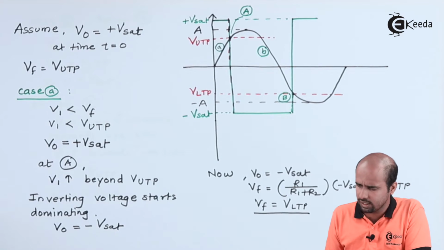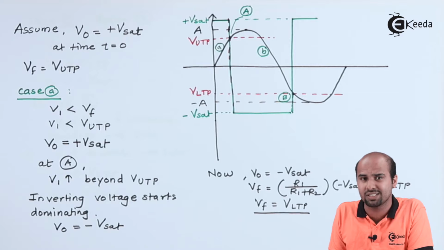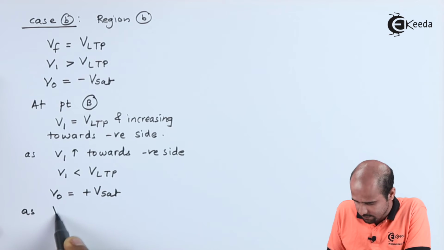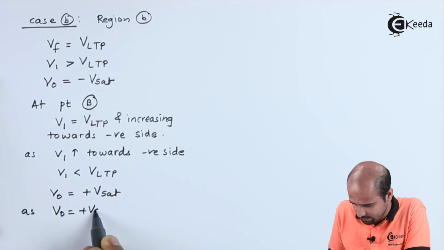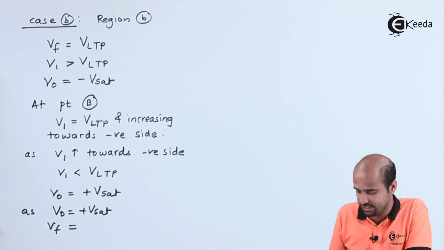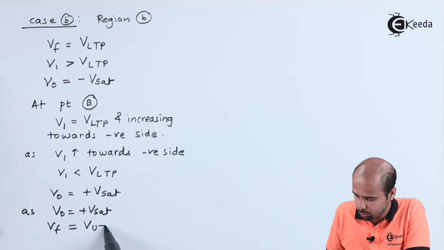Now we will consider up to which particular point the value plus Vsat will be constant, right? Now as VO is equal to plus Vsat, what will VF be? VF is equal to VUTP again.